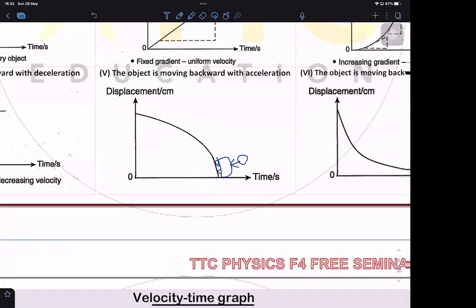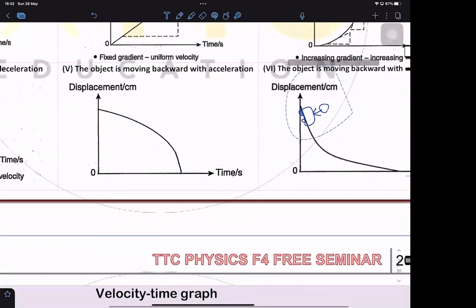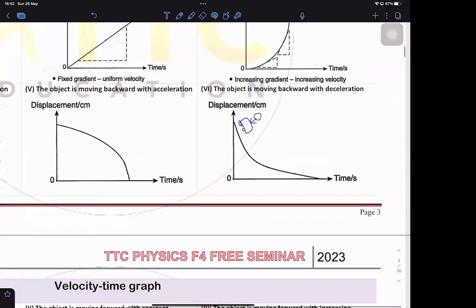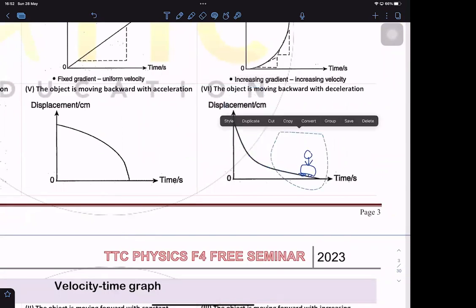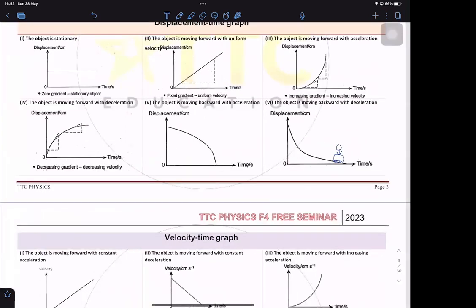So this is also acceleration, faster and faster. But this one goes from like that to become flat, flat, flat, flat. So this one is flatter and flatter, a decreasing speed. Okay, it's a deceleration. Same for this one now, it gets flatter and flatter.